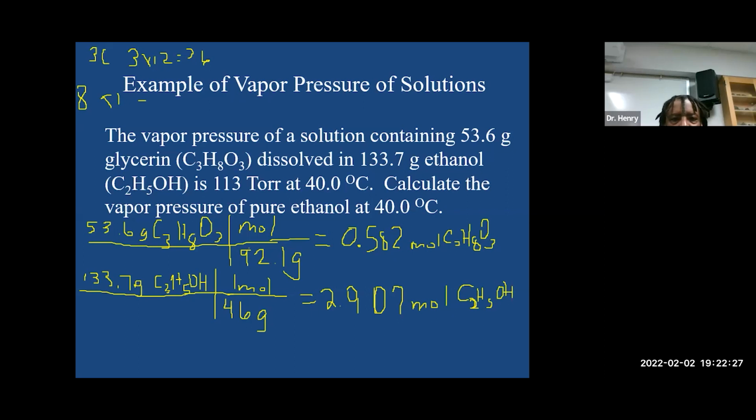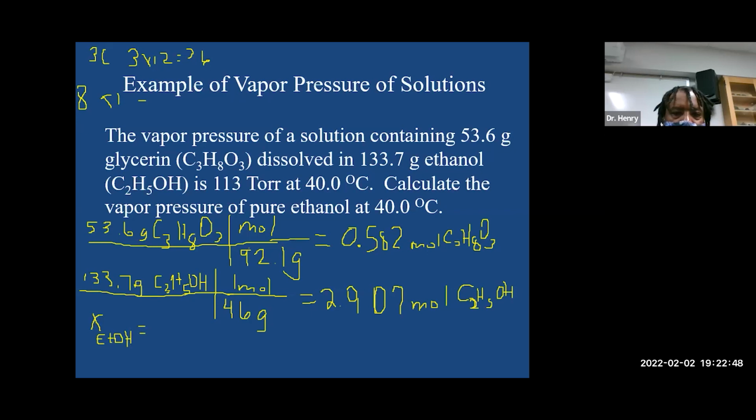So our mole fraction. Ethanol is our solvent. So we're looking for the mole fraction of the ethanol. So I'm just going to use ETOH for abbreviation for ethanol.